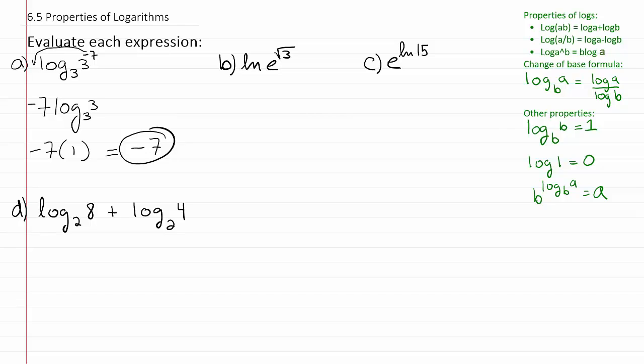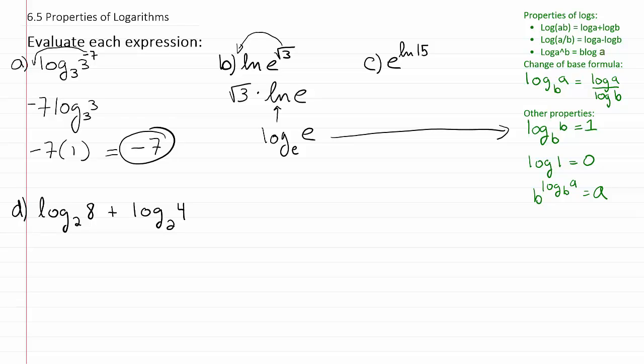For example B, we have ln of e to the square root of 3 power. So let's apply this exponent to a multiplier rule, which says we can write that as square root of 3 times ln of e. Now, it turns out that ln is just a fancy way to write log base e, right? So if it's log base e of e, then we have this property again, which says what?